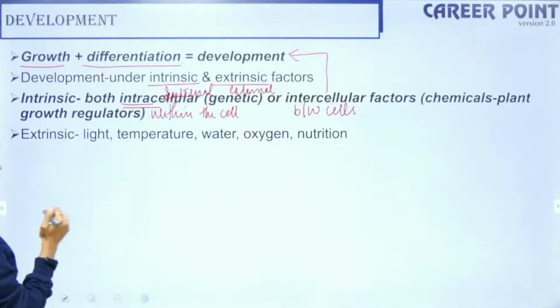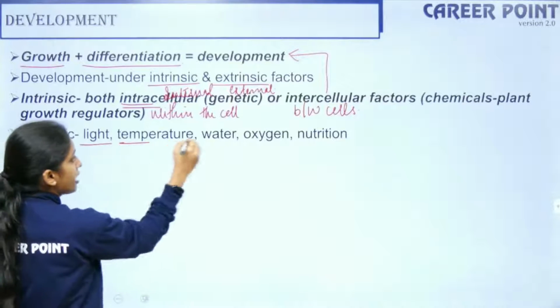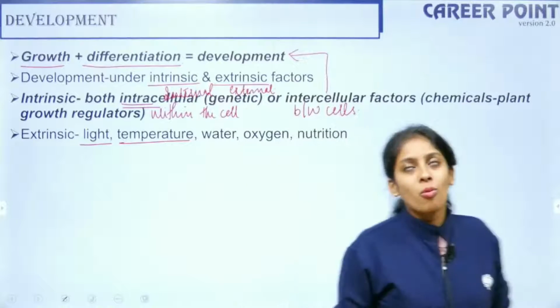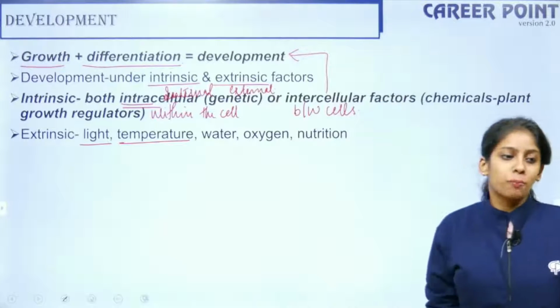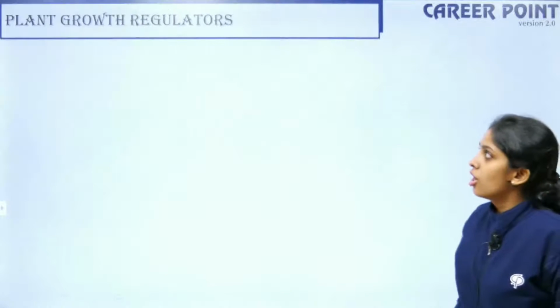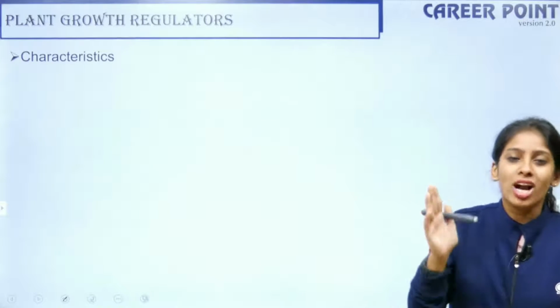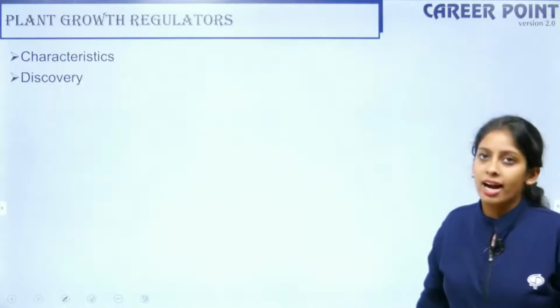Okay, so how about the extrinsic factors? Extrinsic factors are your light, temperature, water, oxygen, nutrition. Okay, so now we are going to talk about the plant growth regulators. Alright, so in plant growth regulators, what are the different categories we are going to talk about? First, we are going to talk about characteristics.